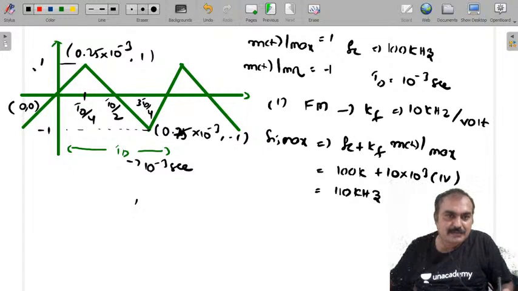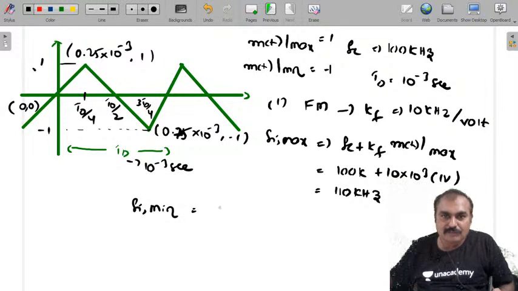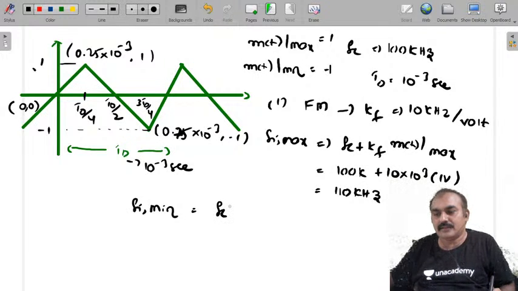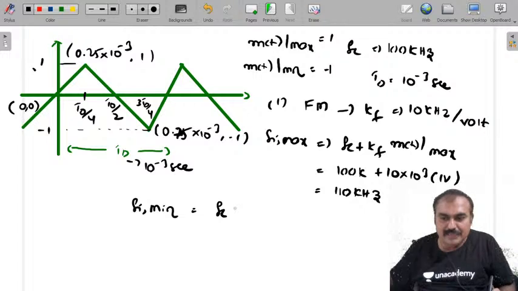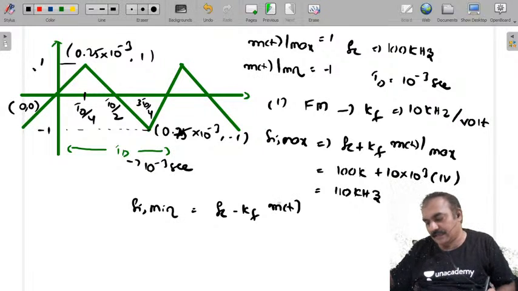Next, Fi min for FM, equal to, very good. Fi min equal to Fc, again my dear students, minus Kf into m of t of min. This is the minimum value.